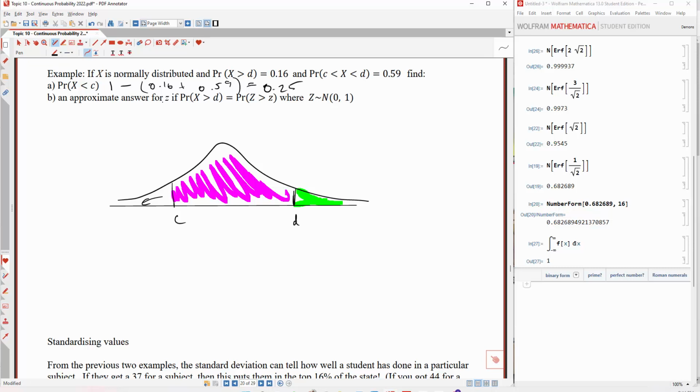Alright, an approximate answer for Z if the probability that the random variable is above D is the same as... So basically they're saying, okay, we've got this distribution here, whatever it is, what would it look like above what value on the Z distribution would this be the case?